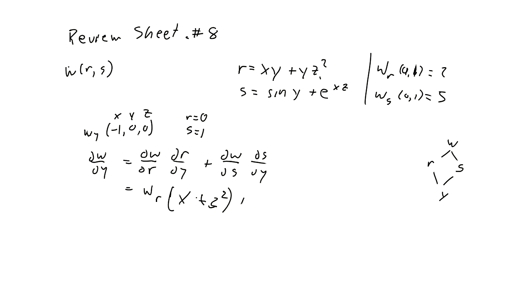Plus the derivative of W with respect to S. Oh, I can write that as dW. I feel like I'm trying to write wearing beer goggles or something. This is dW with respect to S times ds dy, and the derivative of S with respect to Y is cosine Y.